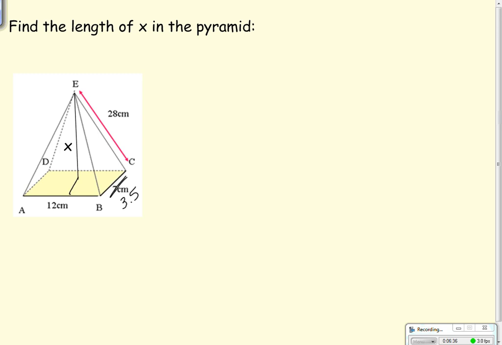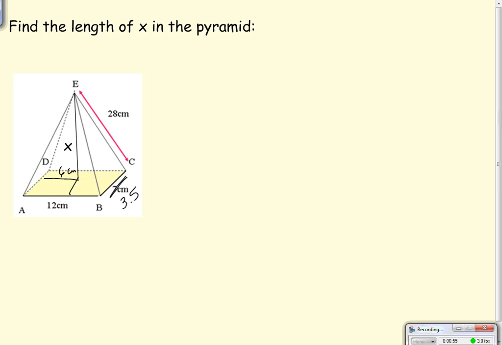And the distance from here to the side is also half, and that's going to be 6 centimeters. And that is useful for us.